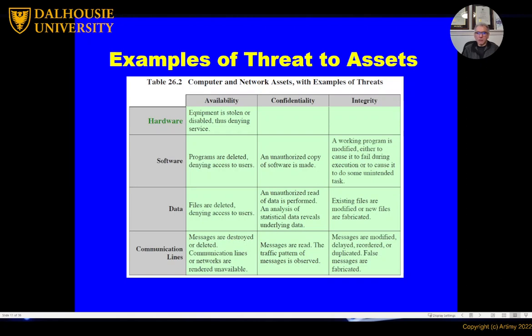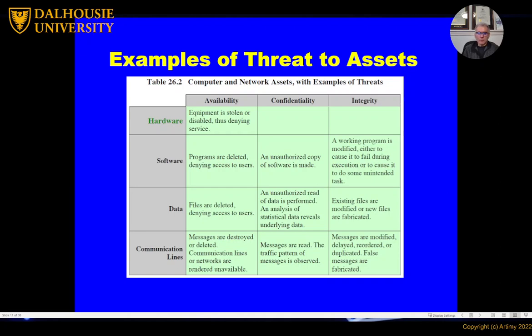Confidentiality can be threatened by reading the information itself, decrypting it if it's encrypted, or doing some statistical analysis that reveals the content. Right? The integrity can be threatened by falsifying information.